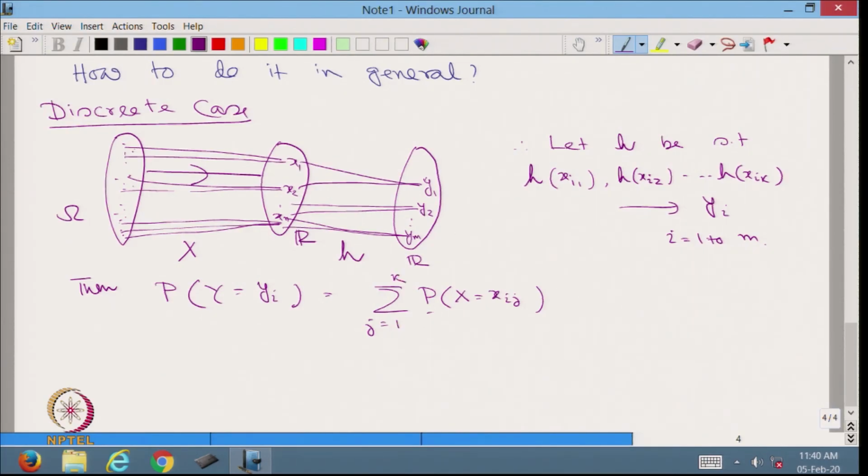And we know that these probabilities we already have, as X is a random variable whose PMF is known.